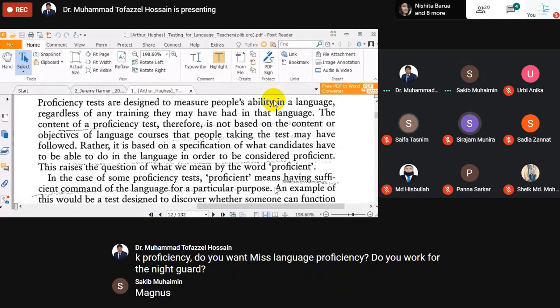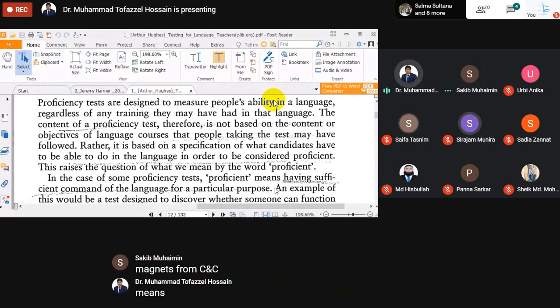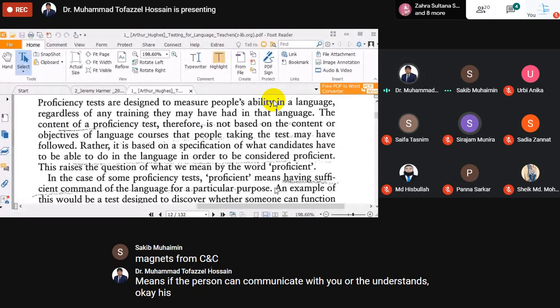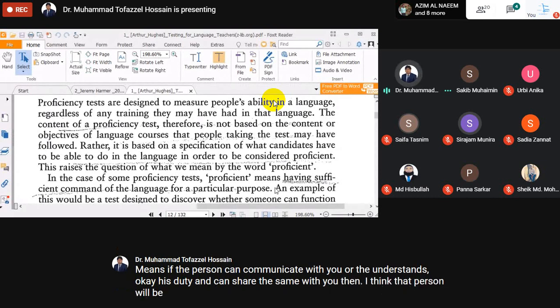If the person can communicate with you, only understands his duty and can share the same with you, then I think that person will be qualified to be appointed as a night guard. Yes or no?